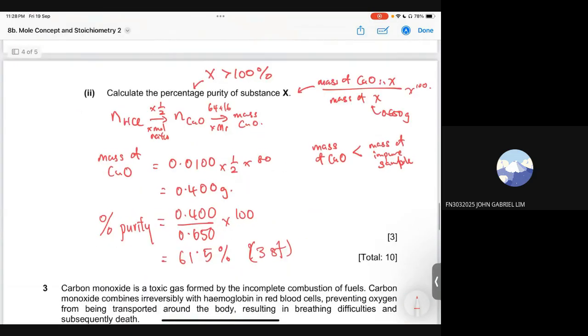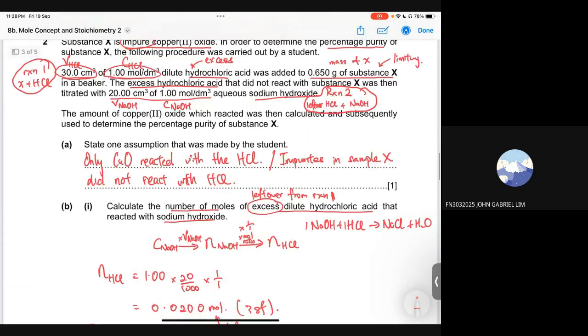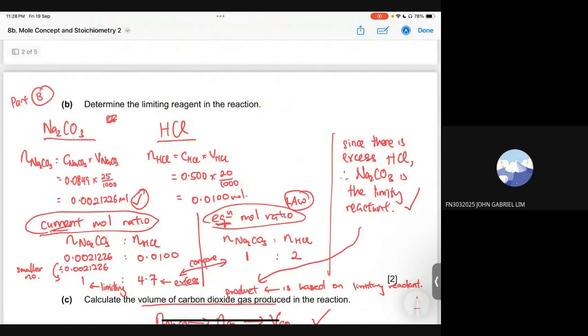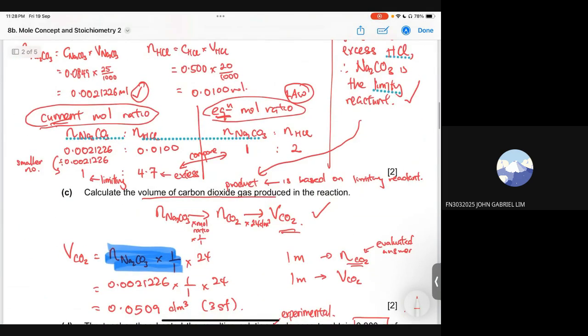If they never ask you to find the limiting reactant, you don't need to do this kind of thing. It's only when you need to determine the limiting reactants, to know which one it is, that you need to do this kind of stuff. But if you already know which is the limiting reactant, you don't need to do all this working. You just use the limiting reactant as your basis of calculation.